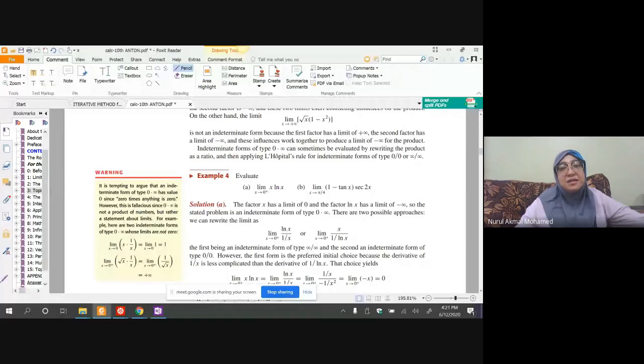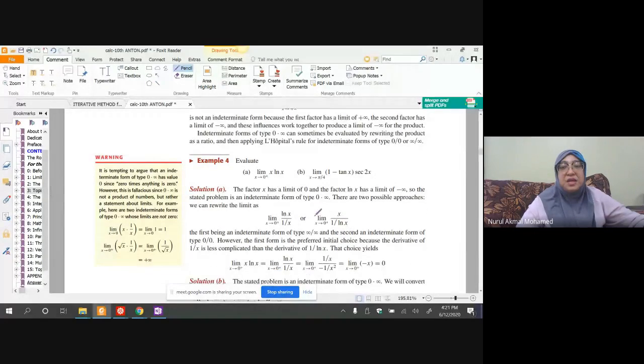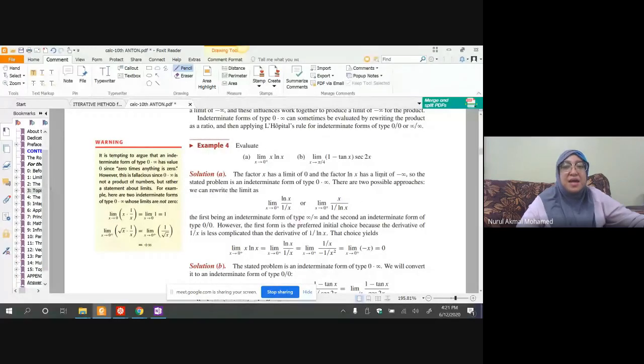So it is a must for you to transform this expression so that it is written in terms of a rational function. So x ln x is actually equal to ln x divided by 1 divided by x, or it is also equal to x divided by 1 divided by ln x. Okay, so it is either of these two. From these two, you can then apply L'Hopital rule. Okay, is it clear?